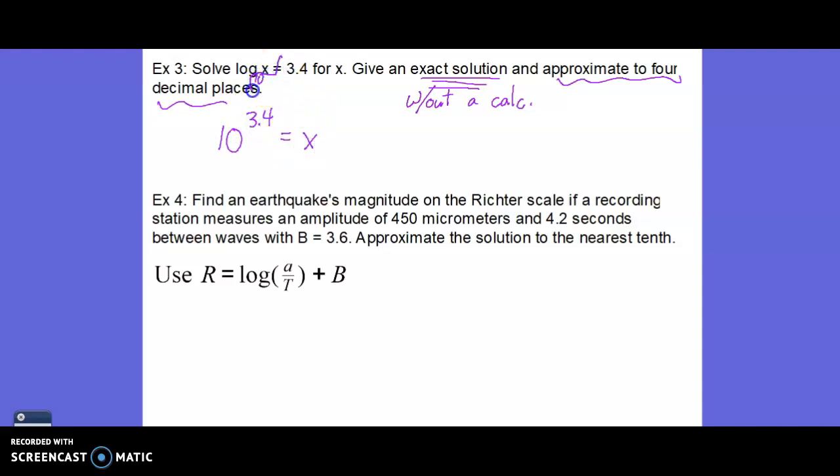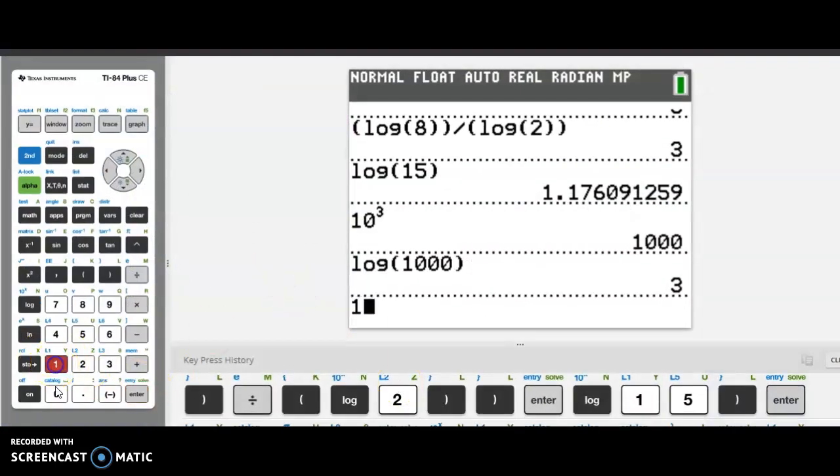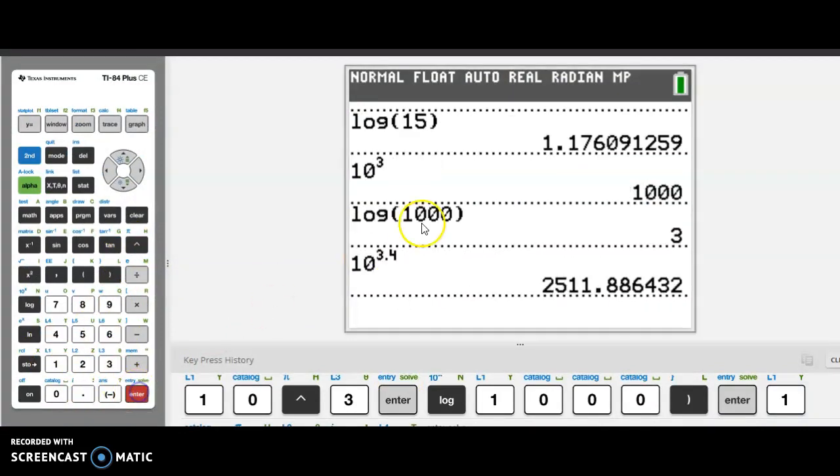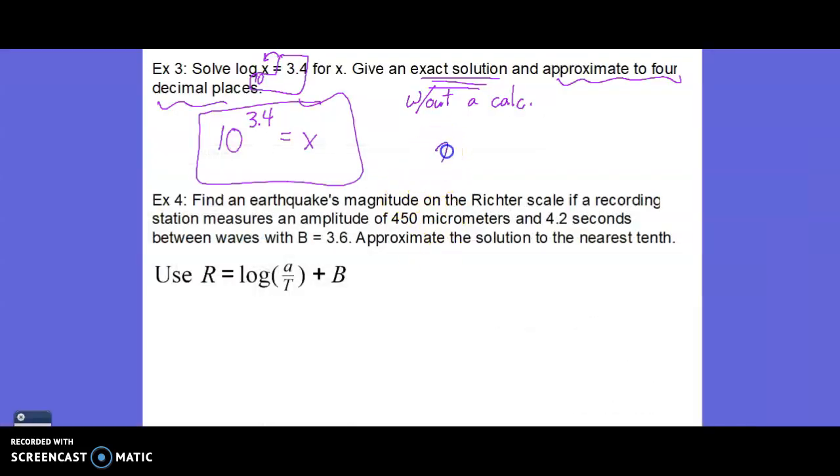Remember our boot method we talked about? 10 to the 3.4 power would give me x. So put a box around that. That's an answer I want to see. Or the approximate answer of 10 to the 3.4 power, and rounding to 3 decimals, 2511.886. Oh, 4 decimals again.